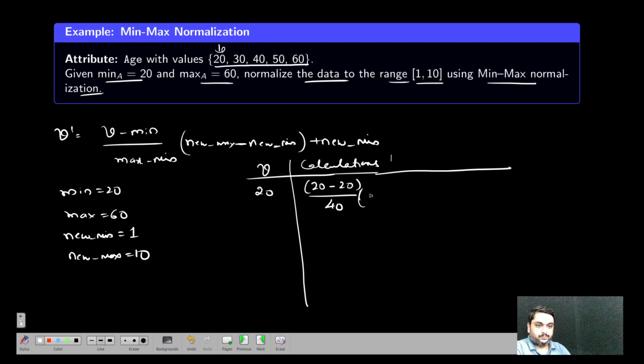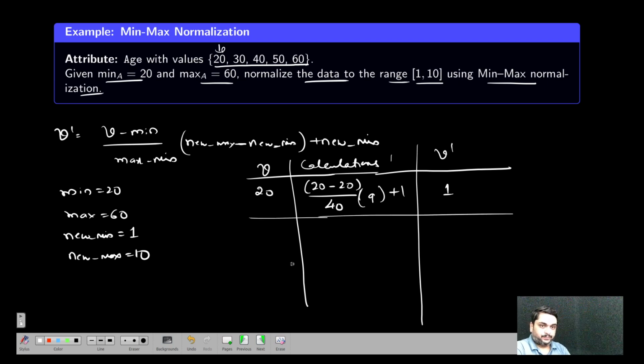New max minus new min is 9. 9 plus new min is 1. Okay, so this becomes 0 plus 1 is 1. So this is the V dash value. So it starts with 1, and the last value will be 10. Okay, that is how it works.